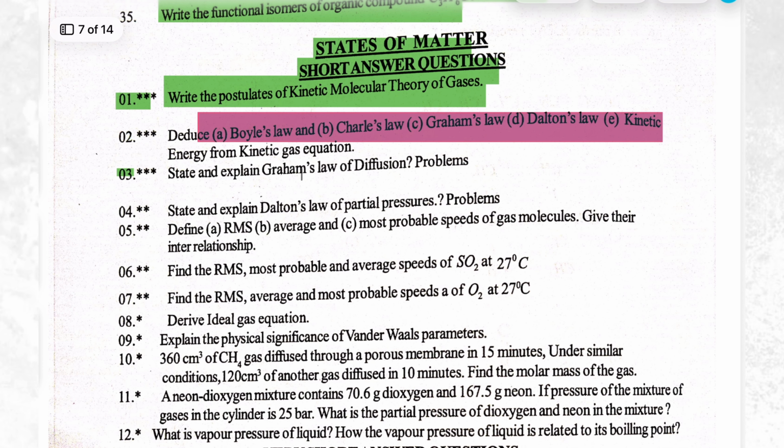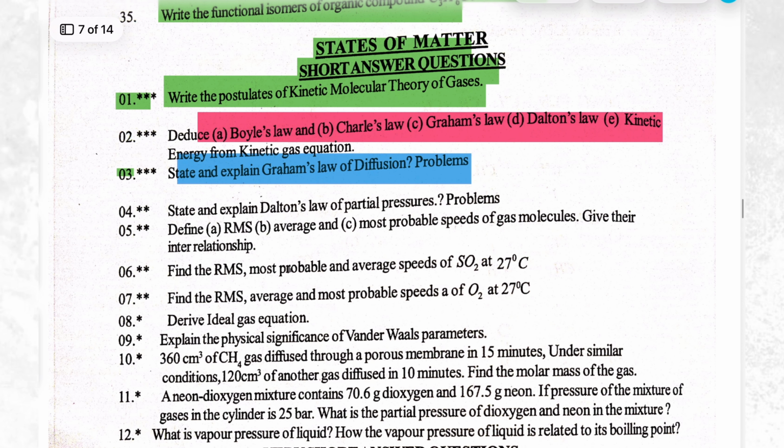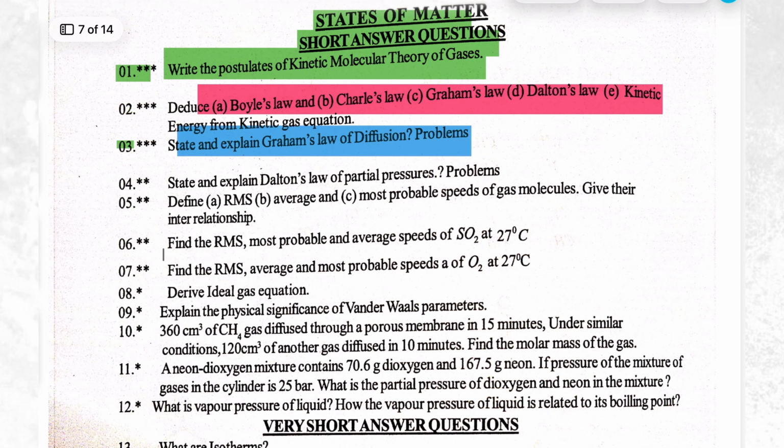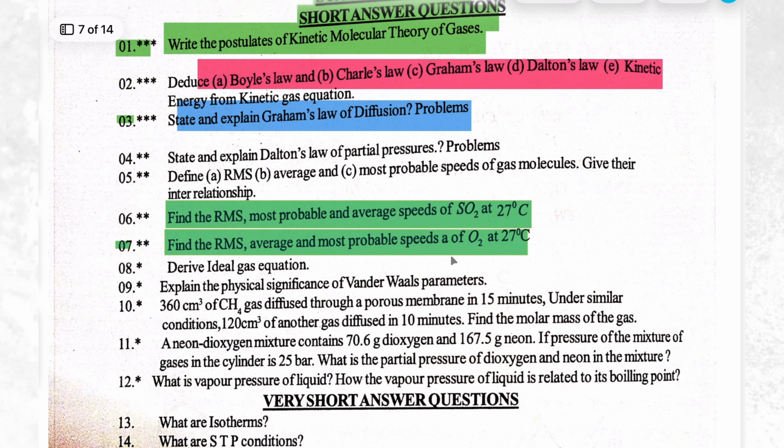Next, state Graham's law. Graham's law is also an important question. Right? Next, one problem will be asked, but very rarely, based on RMS velocity. Students will lose 1 mark because the calculation is somewhat difficult at the end of the time.